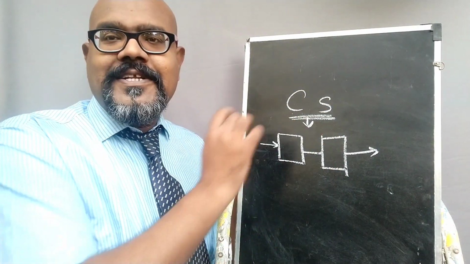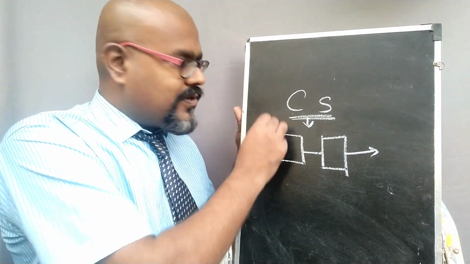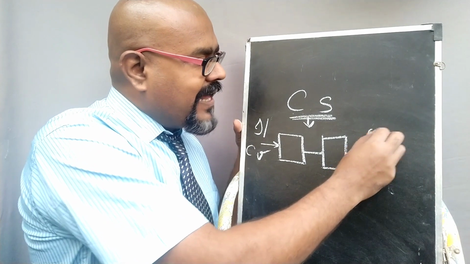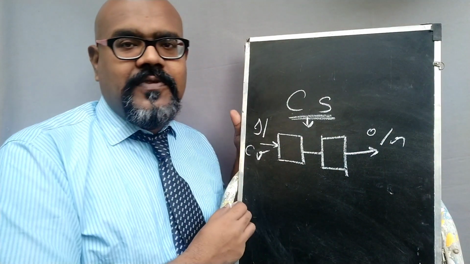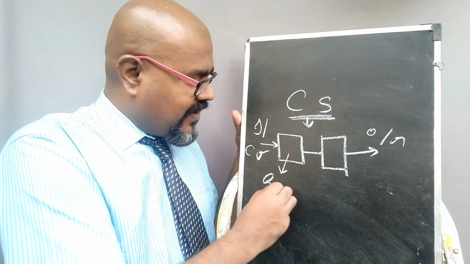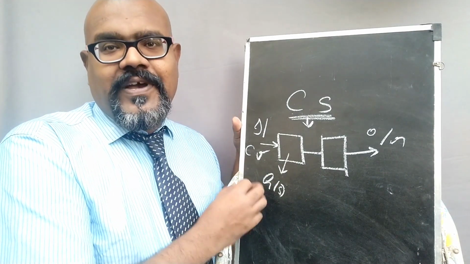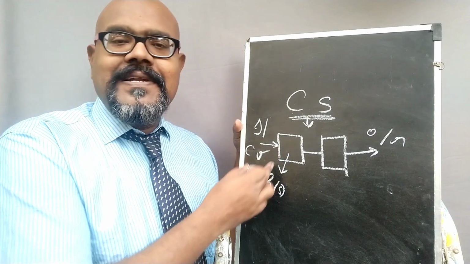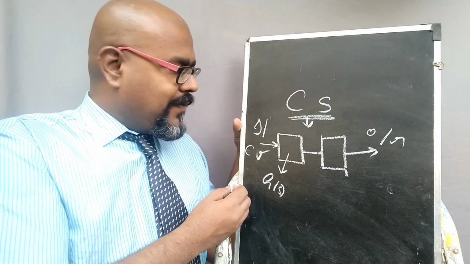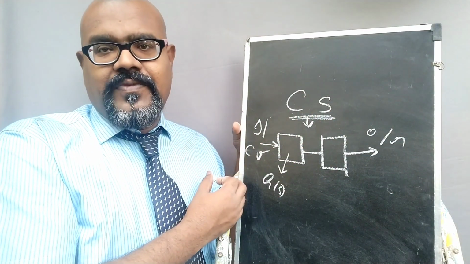So these are all the elements block, and this is the input or command variable, and this is the output or the response. These elements can be represented as G of S. In our class we are going to represent the elements as G of S in all the systems. Then we can say that this is a system.